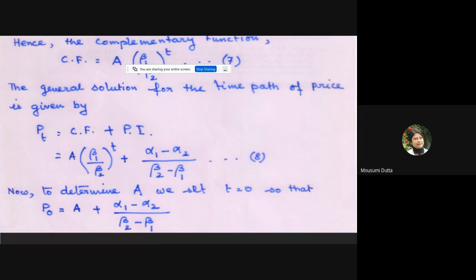The general solution for the time part of price is given by Pt is equal to CF plus PI, complementary function plus particular integral. Now the complementary function is A beta 1 by beta 2 to the power t. So far we could solve up to this. So it is A beta 1 by beta 2 to the power t plus PI. PI we already found, which is the equilibrium price, alpha 1 minus alpha 2 divided by beta 2 minus beta 1. This is equation number 8.